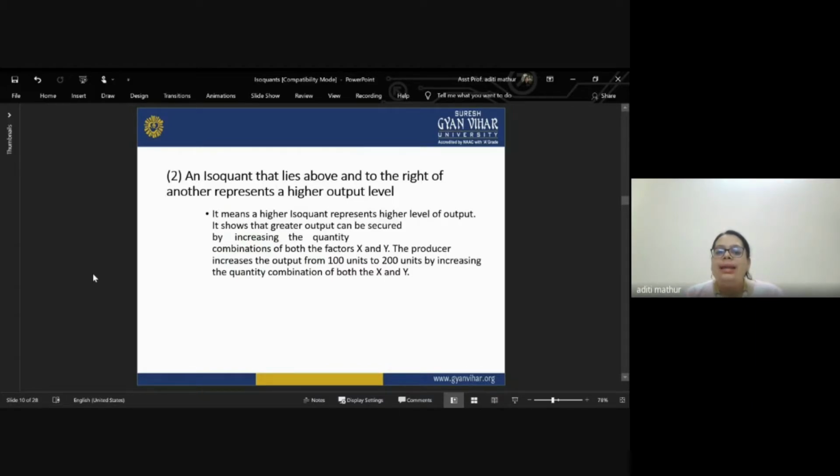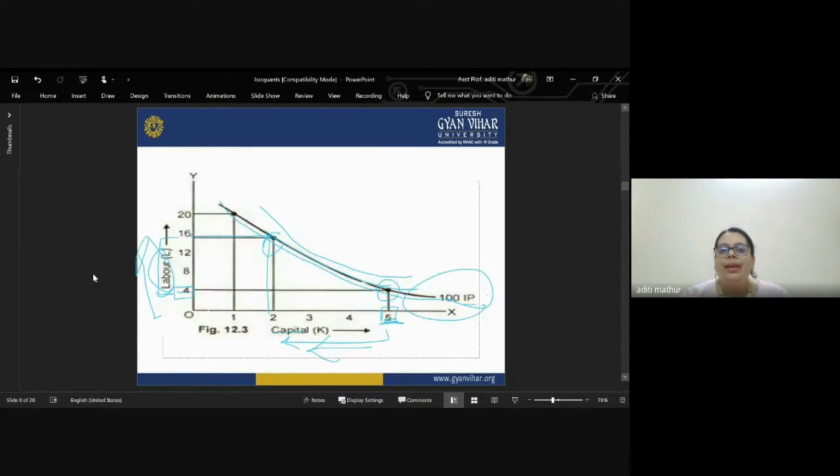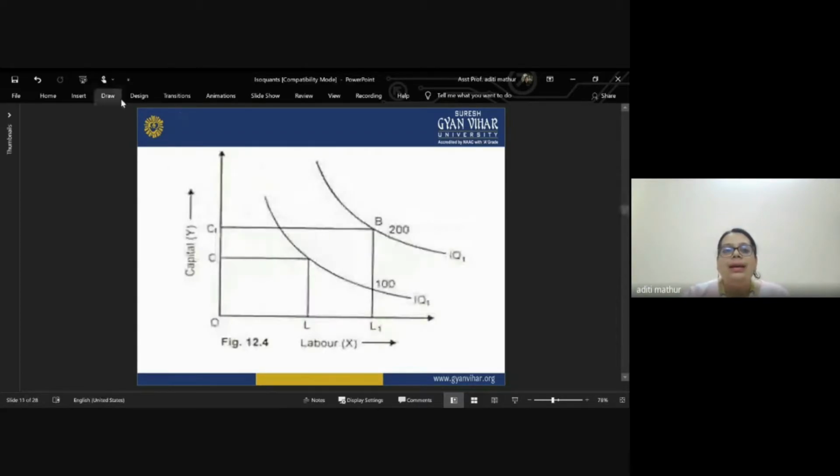It shows that greater output can be secured by increasing the quantity combinations of X and Y. The producer increases the output from 100 units to 200 units by increasing the quantity combinations of both X and Y. So you can see over here that at isoquant level 1, we have 100 units of output, but at 2, we have 200, because we have increased both the capital and the labor.